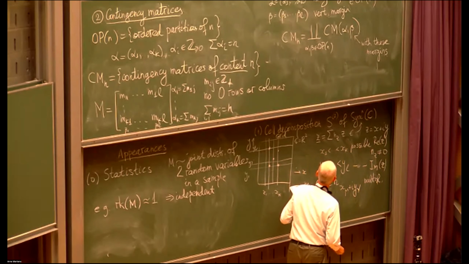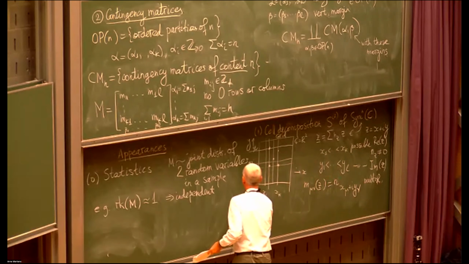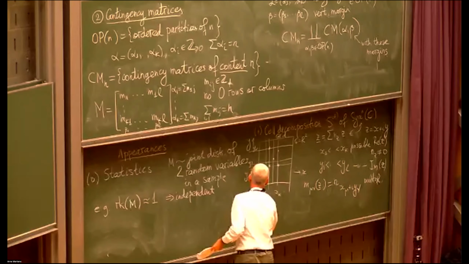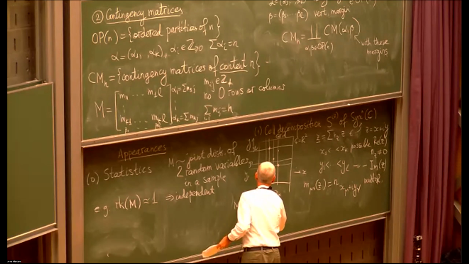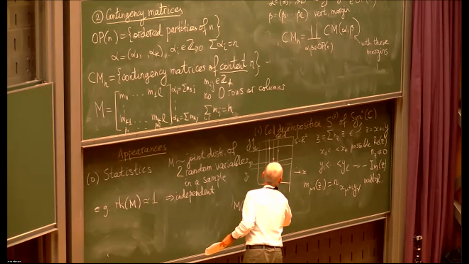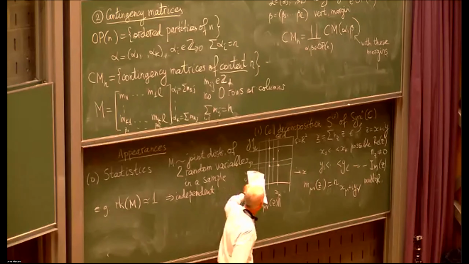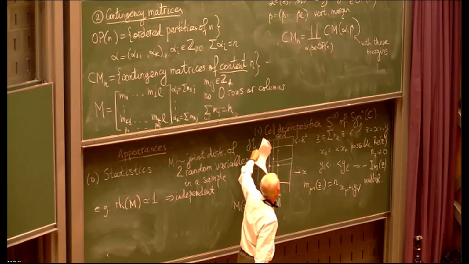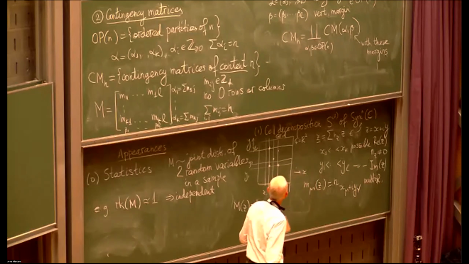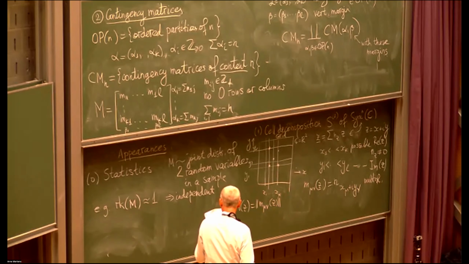So we get a matrix M of Z, which is M mu nu of Z. It says contingency matrix because we number things in such a way that we don't get any zero row or columns.